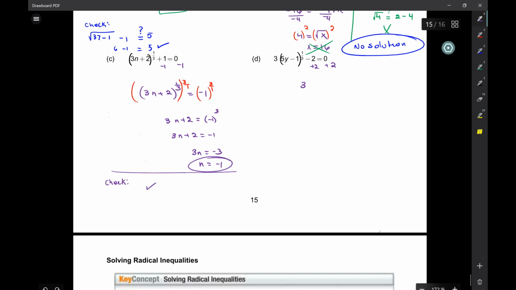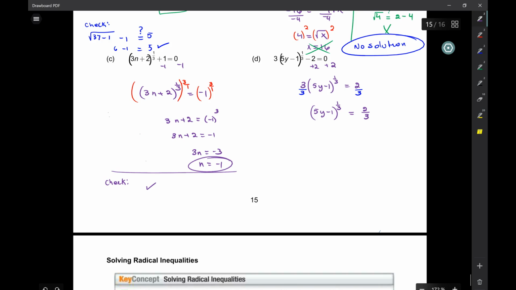So I have 3 times (5y - 1) to the power of 1/3 is equal to 2. Now what? Divide by 3 first, right? First make that 3 go away. So I have (5y - 1) to the power of 1/3 is equal to 2/3.